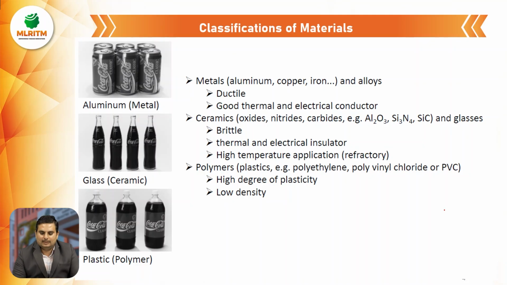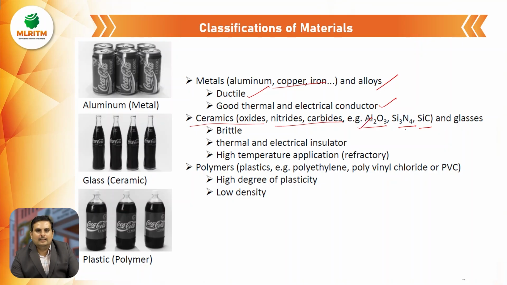You see here the metals are aluminum, copper and iron, these kinds of things, which are ductile in nature, with good thermal and electrical conductivity. Ceramics are oxides, nitrides and carbides.